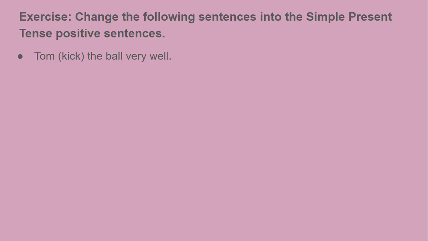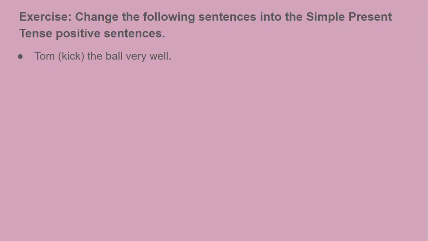And once we have established what the subject is, we need to look at the verb. So what properties does the verb hold? We look at the last 2 letters, the C and the K. So the C and the K ending does not belong to the first rule, nor does it belong to the second rule, the one where we said the verb needs to end with a consonant plus Y.